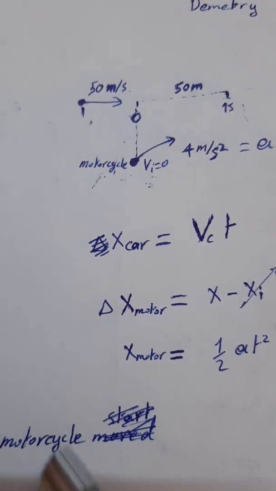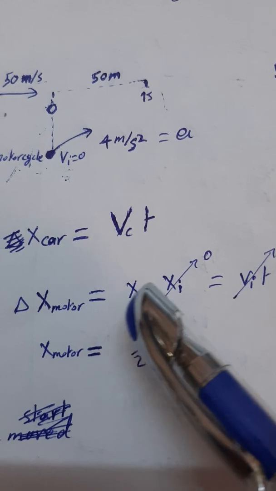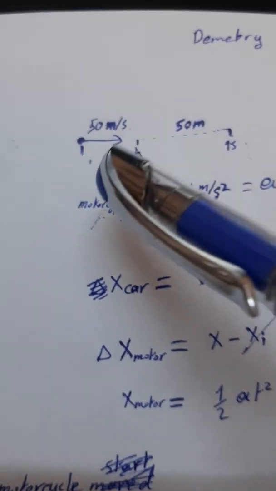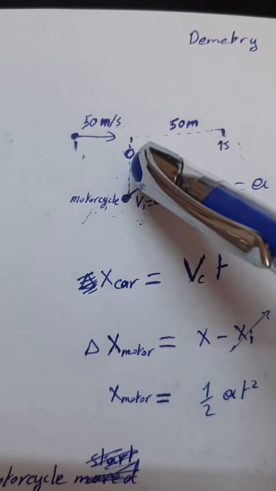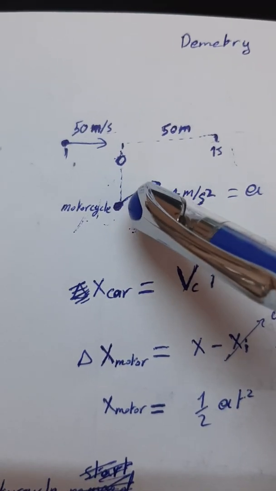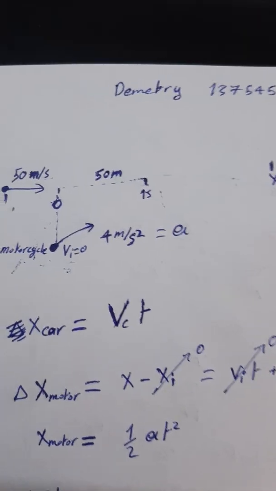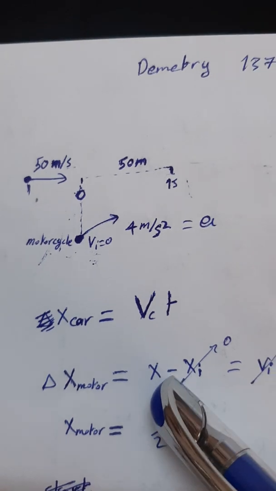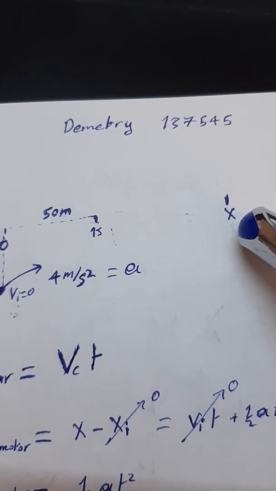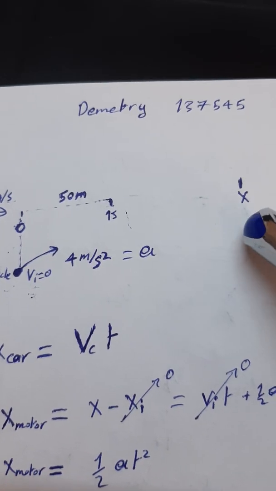And for the motorcycle, delta x equals x minus x initial, where x initial is the same here, I assume it as x equals 0. And x here is the same x for the car and for the motorcycle.